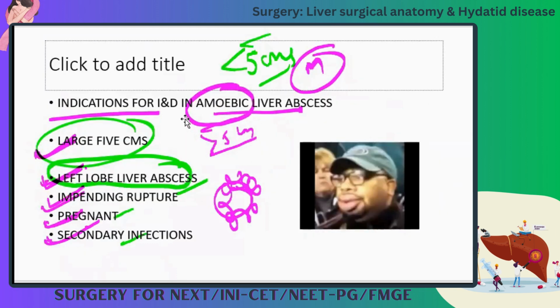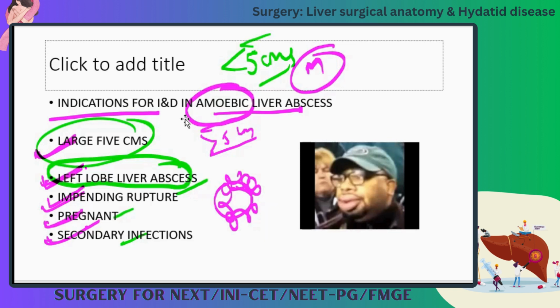Because if we give IV, it may rupture and it may go into the pericardium. The left lobe is very close to the pericardium, so we cannot take a chance. That is the reason why we go for IND in any left lobe liver abscess.